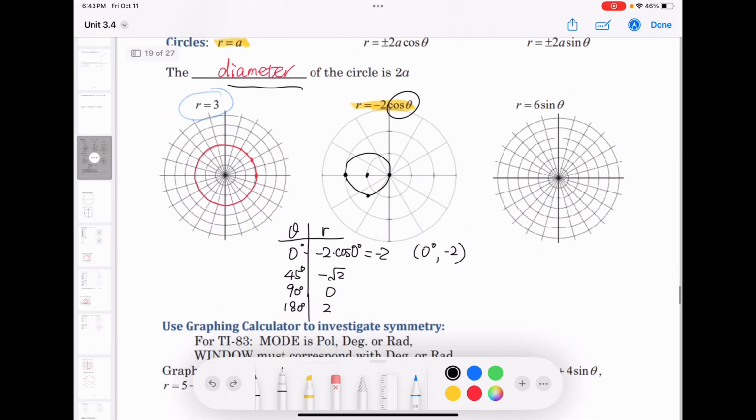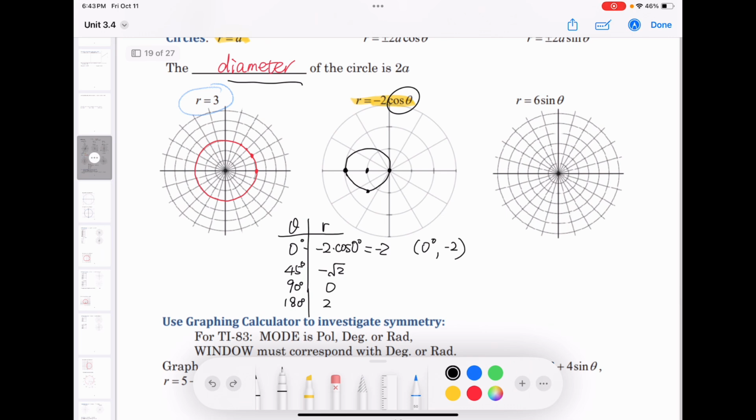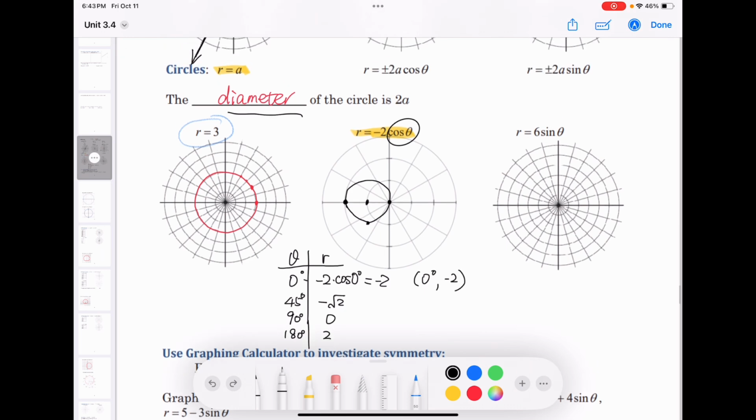And if my expression has a cosine part, the graph of my circle will be located on the x-axis.